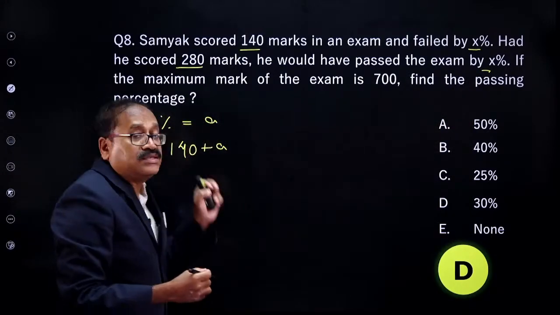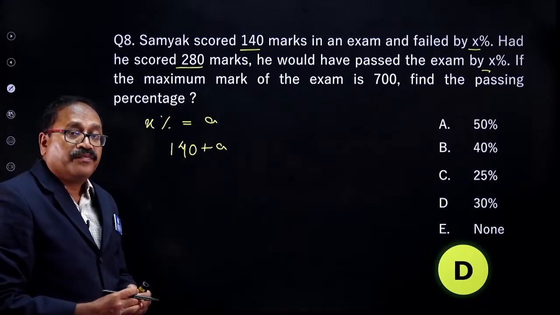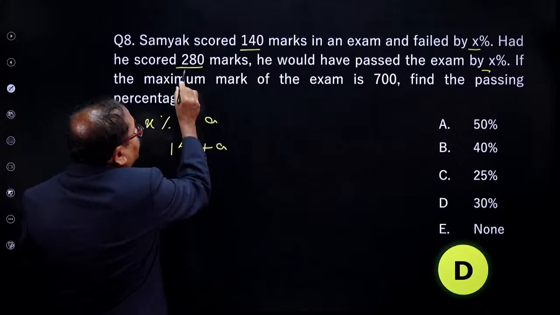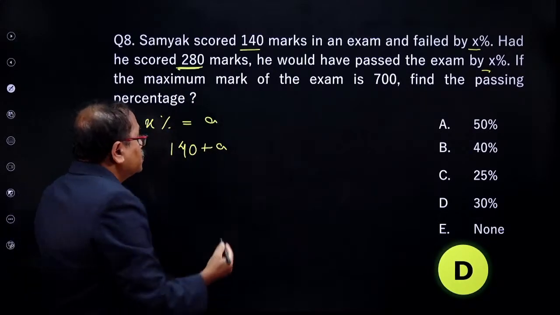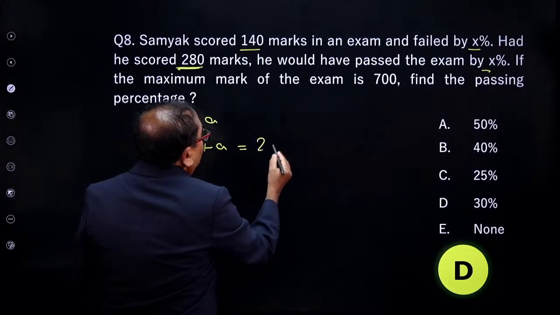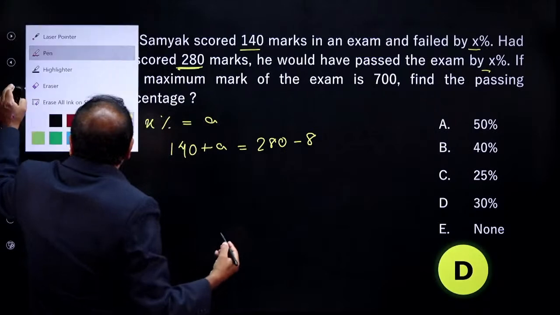And the X% is A. That means he got A more. That means from this, if I take out A, I will get the pass marks. So this is equal to 280 minus A.